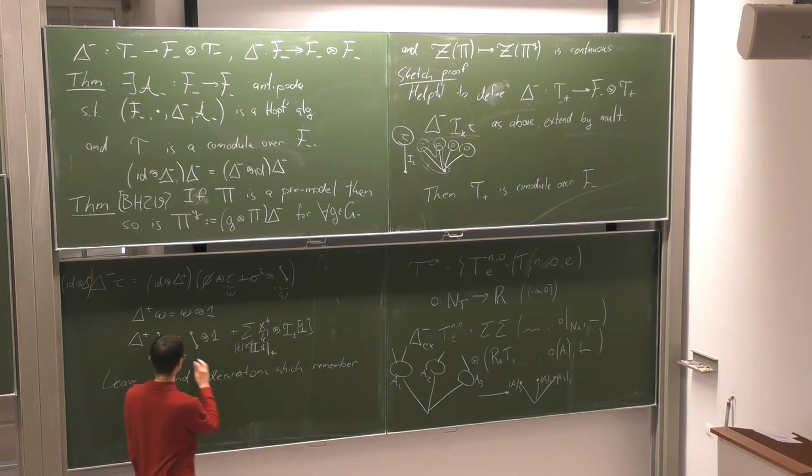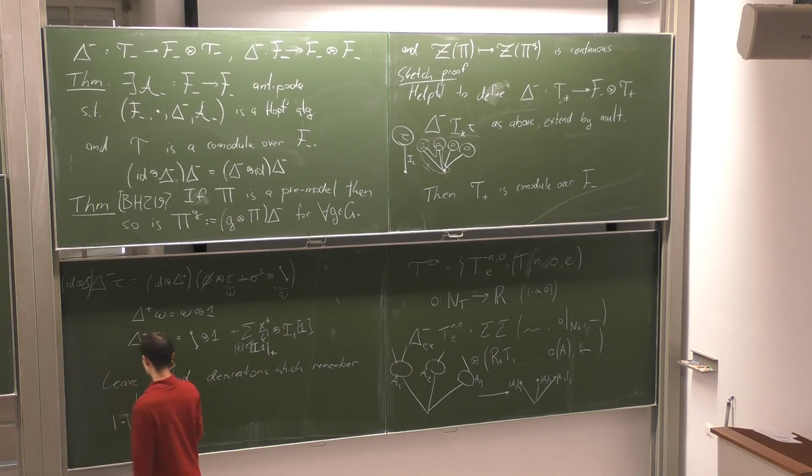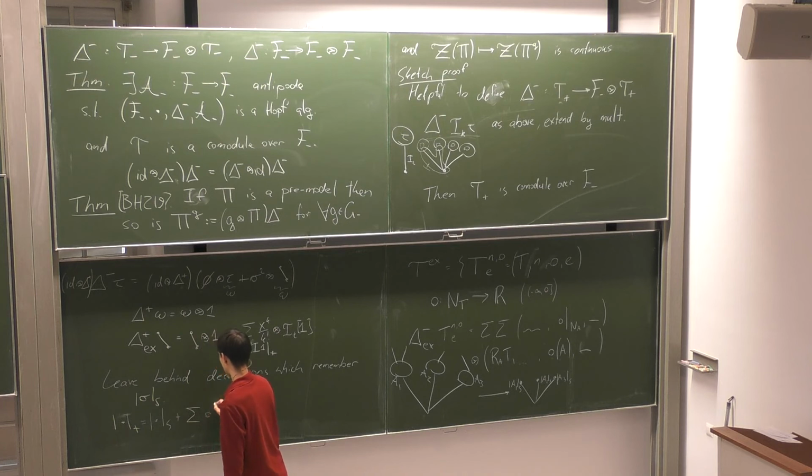So this would be the definition of this extended coproduct, where this dot plus is the same scaling as I had before, plus the sum over all the degrees of these extra decorations that I had at the nodes.